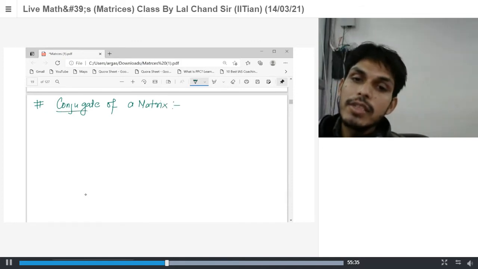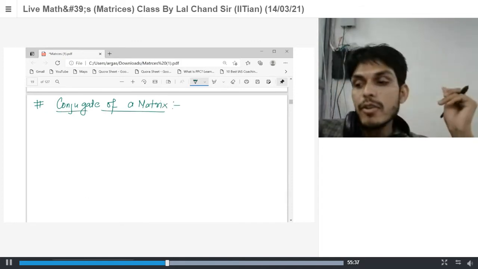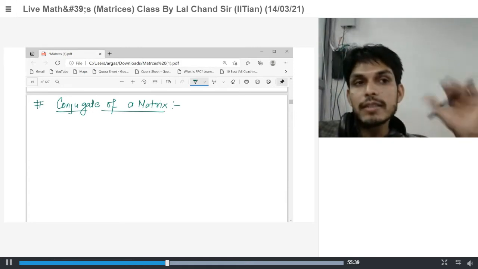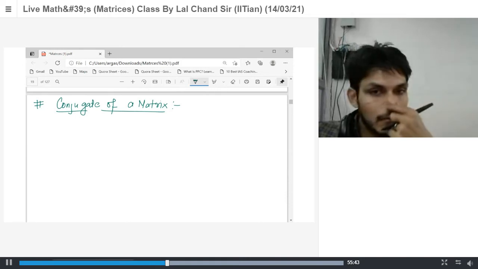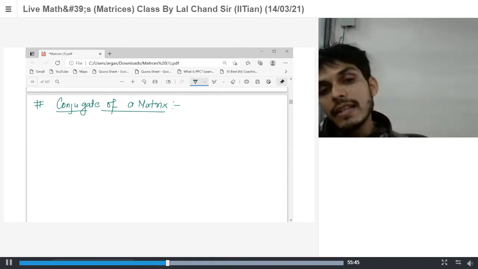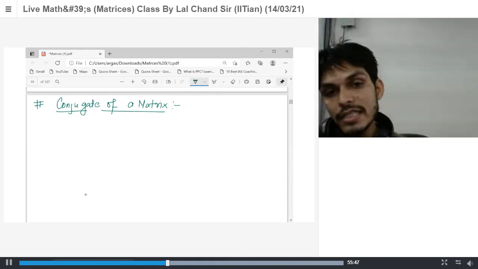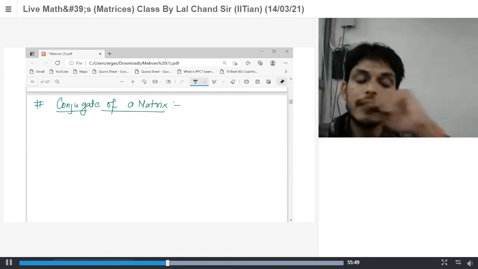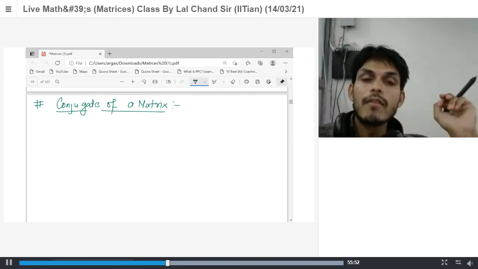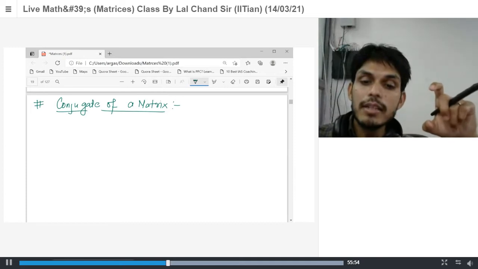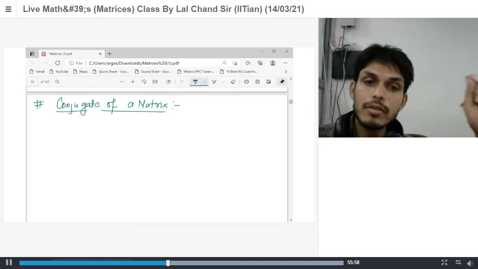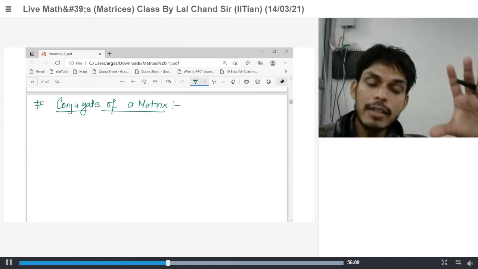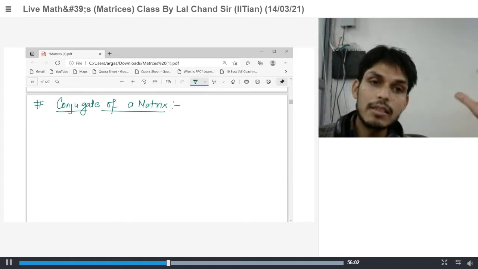So my question is, how do you define the conjugate of a matrix? Conjugate, if you remember, we use this particular term in complex numbers. So if we have a matrix with complex numbers, then we can define the conjugate of a matrix.